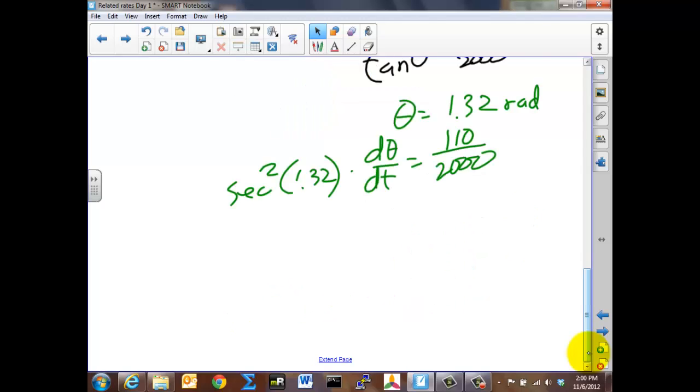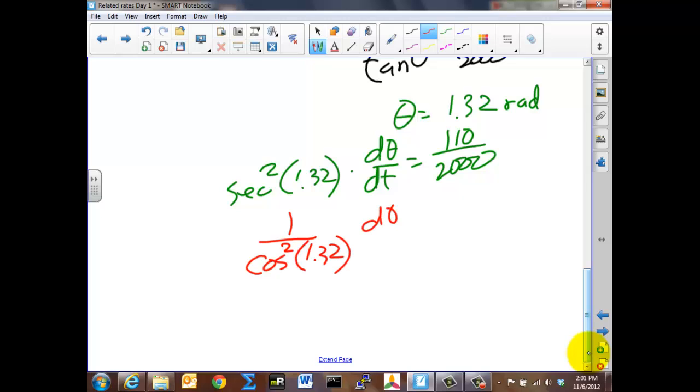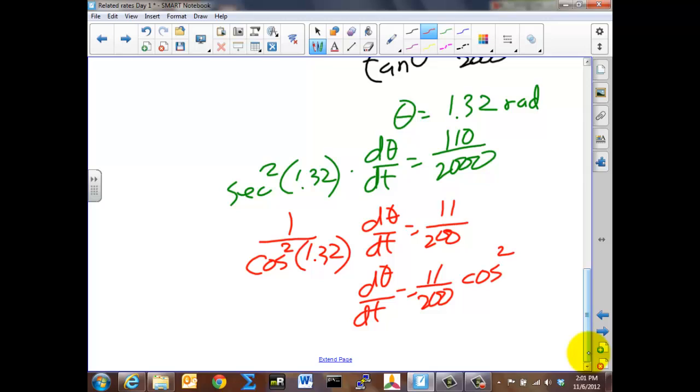We don't have secant on our calculator, so we probably want to say it's 1 over cosine squared of 1.32 times d theta over dt equals 11 over 200. I hope everybody sees how I did that. It wasn't just poof magic. D theta over dt equals 11 over 200 times the cosine squared of 1.32.